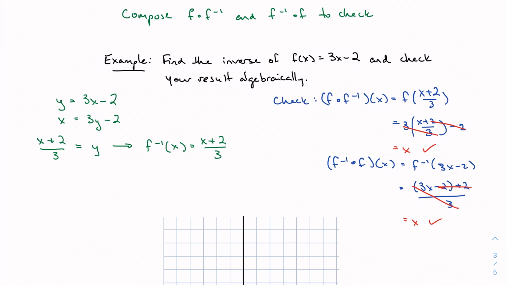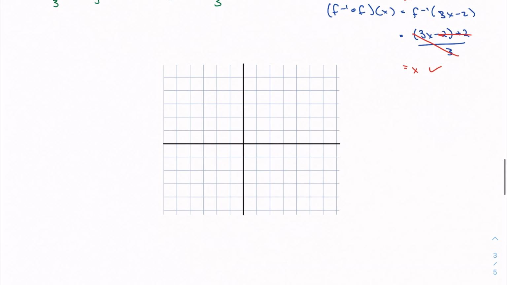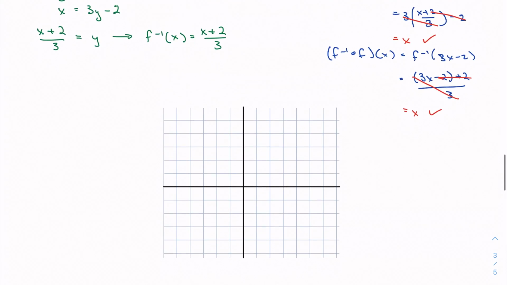So if I were to graph both my functions here, if I were to graph 3x minus 2, I'm going to have just a line. Here's 3x minus 2.